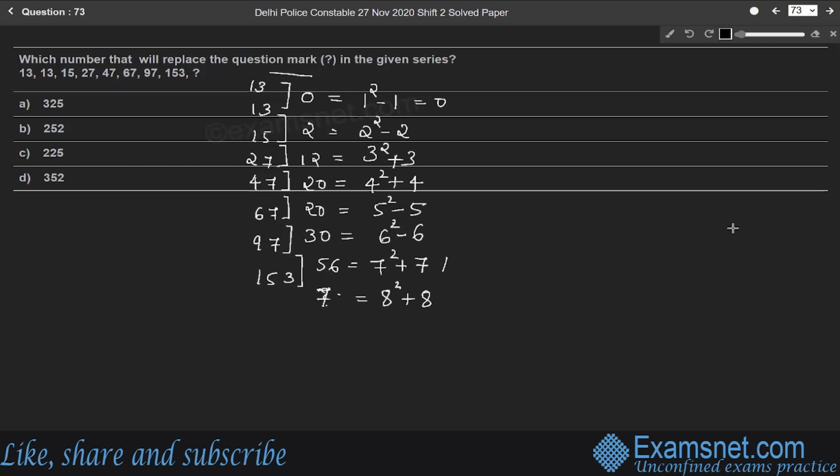This must be 72. If the difference is 72, the next number will be 153 plus 72, which is 225, right? Therefore, option C is the right answer. Next number is option C, 225.